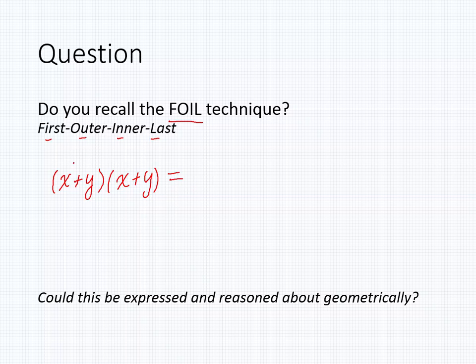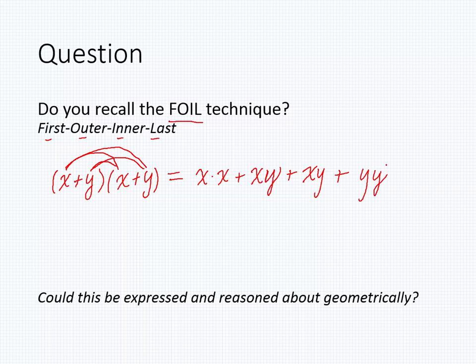And we were taught that we can multiply the first, the x times the x, and add to that the multiplication of the outer, that would be the x times the y, plus the inner, the x times the y, plus the last, that would be the y times the y. And we might even simplify this further and say this is x squared plus 2xy, we have two of those, plus y squared.